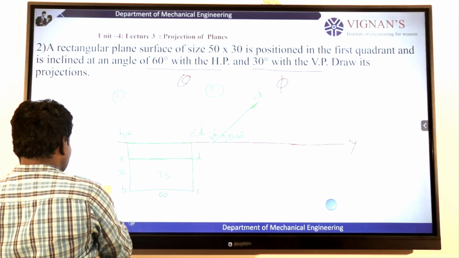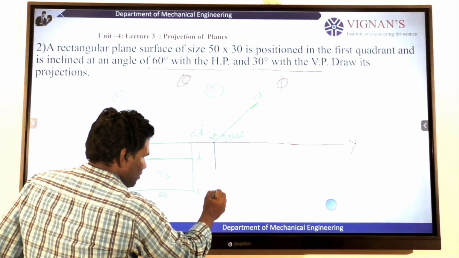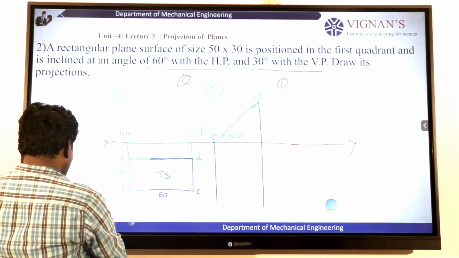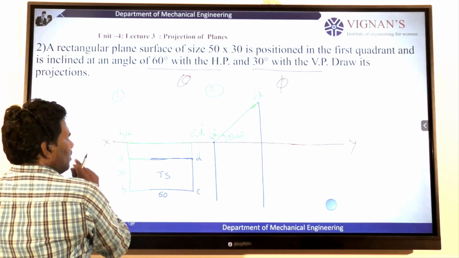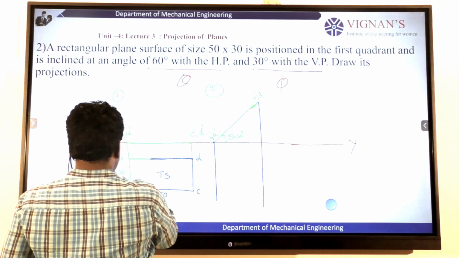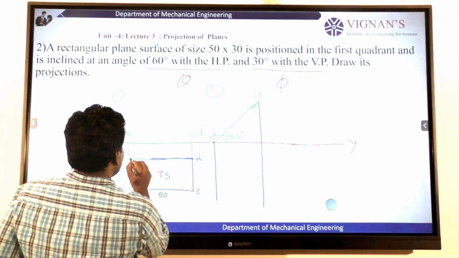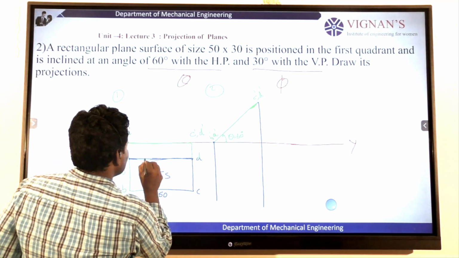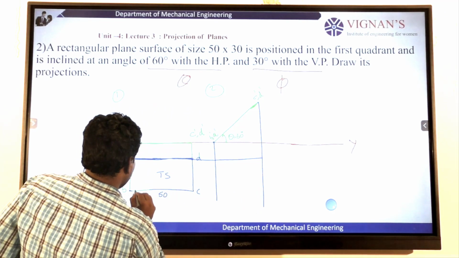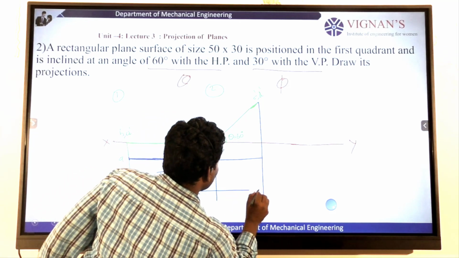Now we have to draw projectors, again projectors, from the A point and D point to here, and the B point and C point to here.